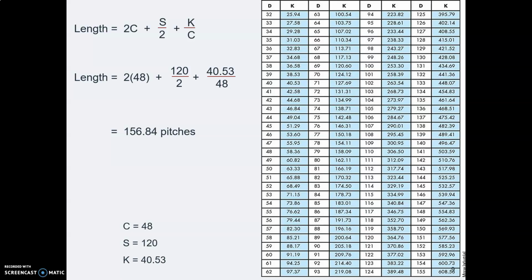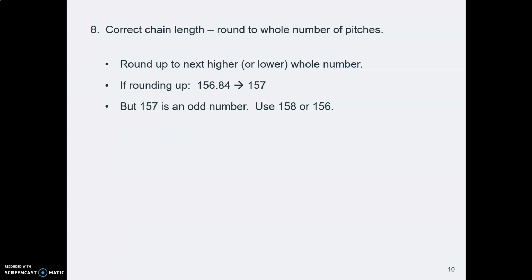Can we buy 0.84 of a chain length? No, we can't, of course. So we have to round off the number of pitches. We could round up, that's the next closest whole number, we could round up to 157 pitches, but what's wrong with that?